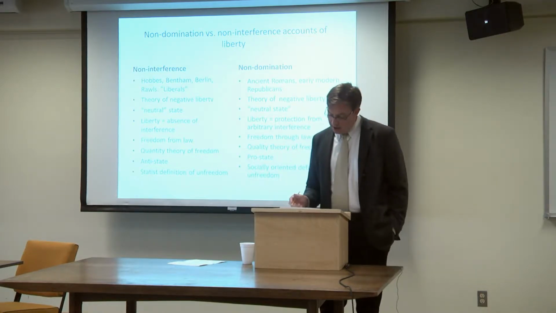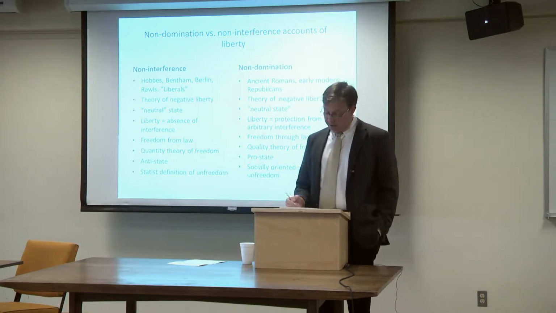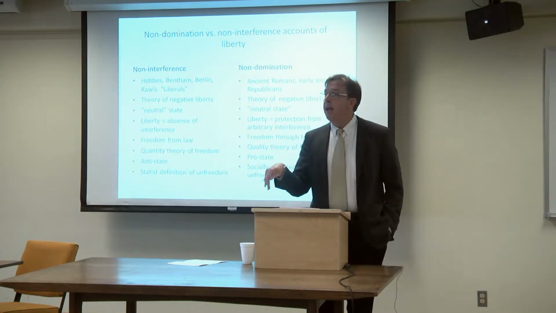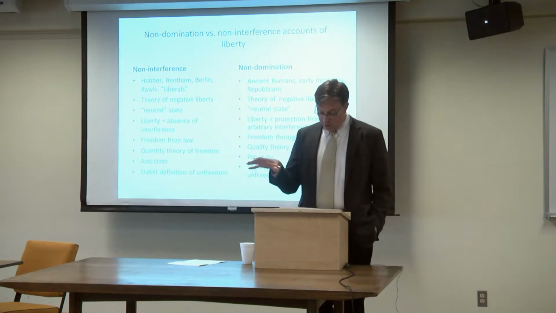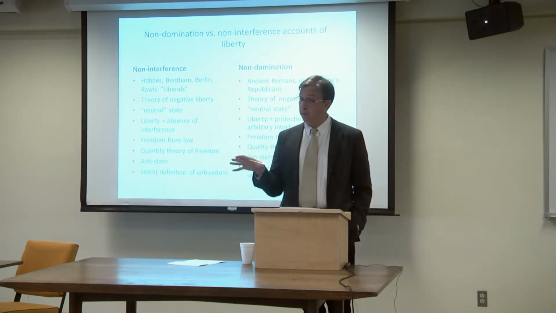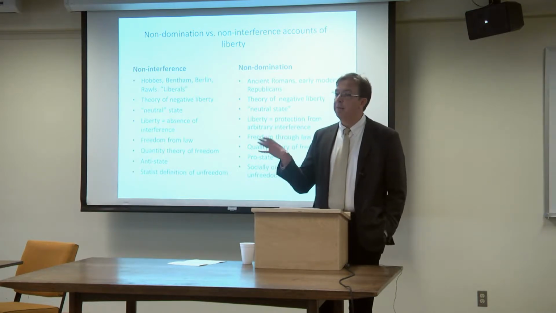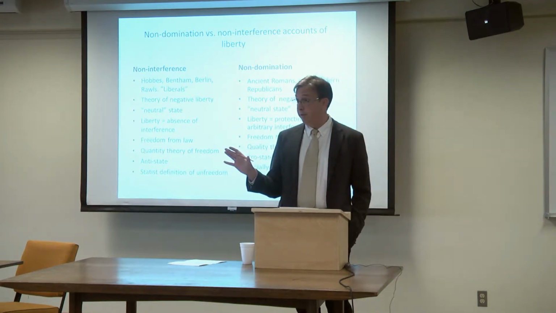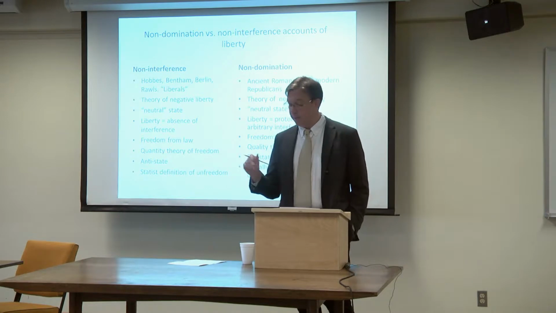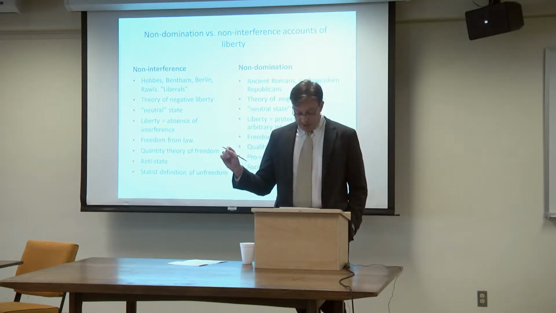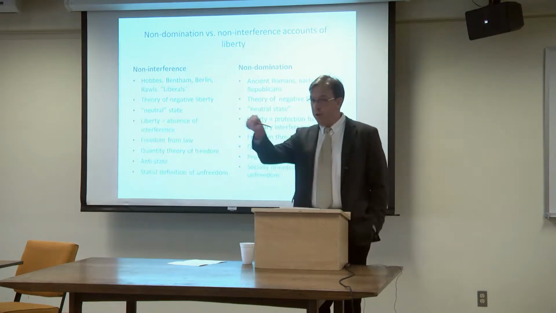And on the other hand, it considers as free any individual who may be subject to interference, actually, by the law, as long as the law is promulgated by a non-arbitrary superior, usually a democratic superior in this account, and the goal of the interference is to minimize domination broadly.